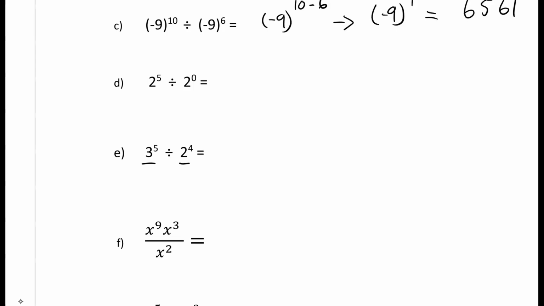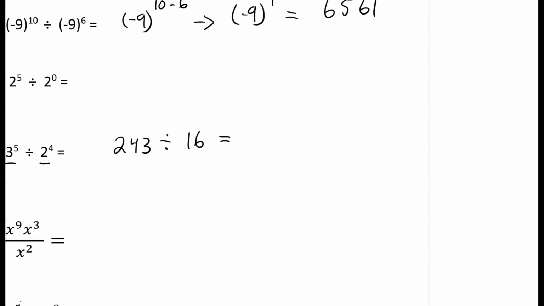What we have to do is figure out what 3 to the power of 5 is, which gives us 243 divided by 2 to the power of 4, which gives us 16.